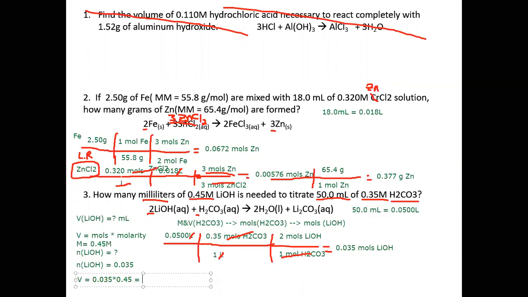This is going to put it in liters, then we have to convert it to milliliters. So you would need 15.8 milliliters of this solution to completely titrate 50 milliliters of a 0.35 molar solution of carbonic acid.